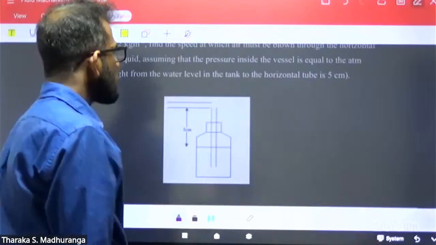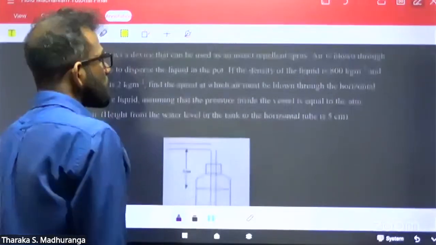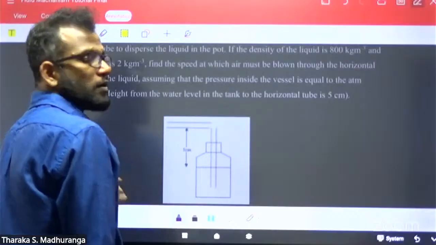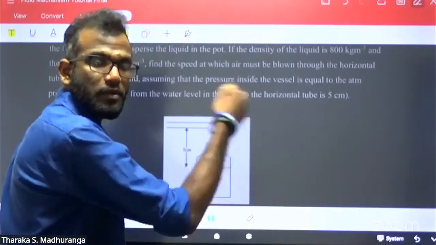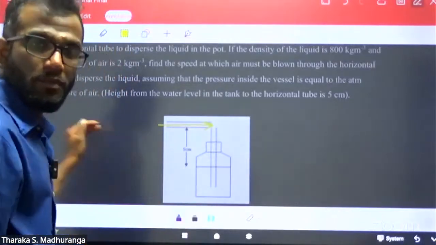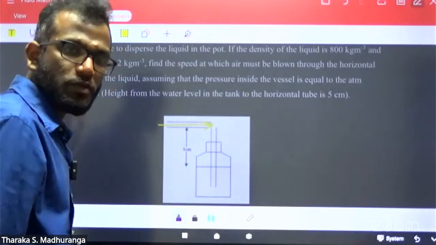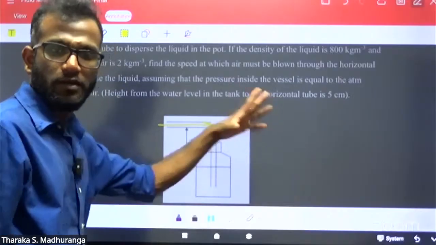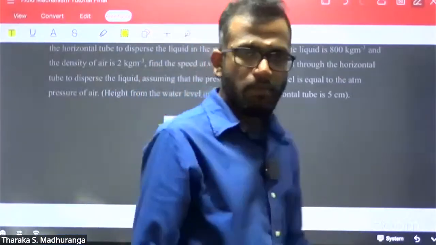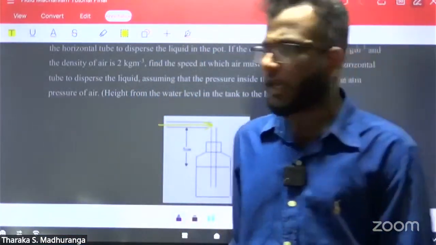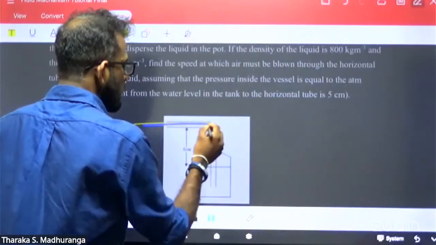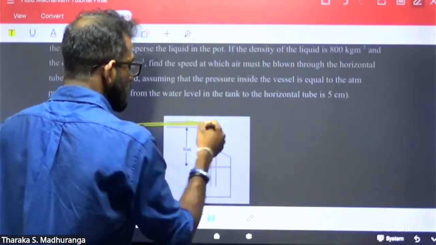Now think, this is a machine. We blow air through the horizontal tube by using an air machine, which can provide the air supply for the horizontal pipe.